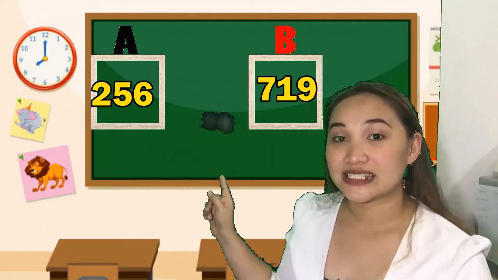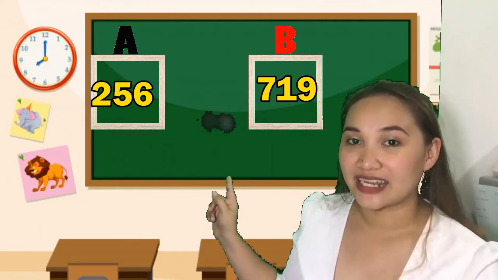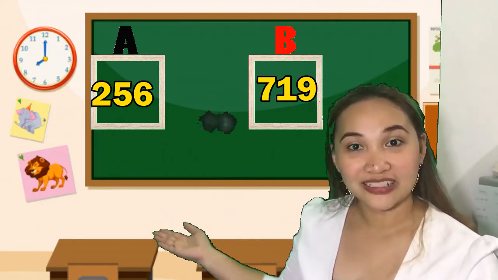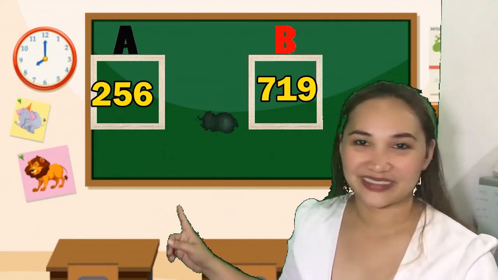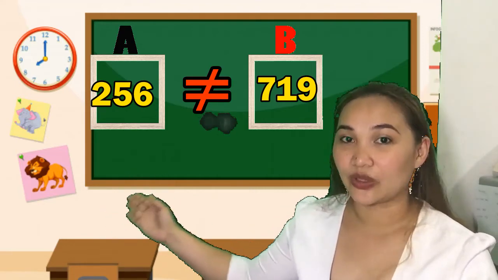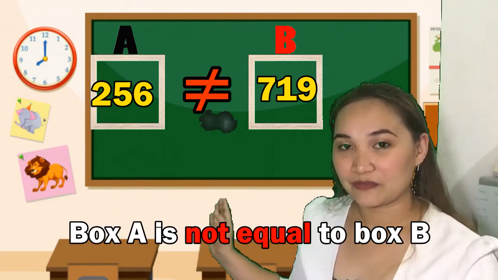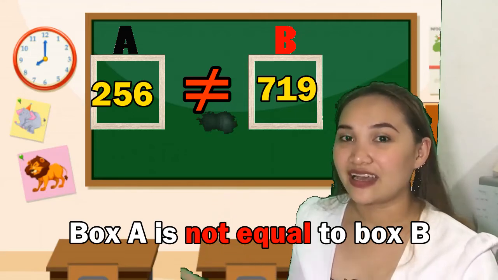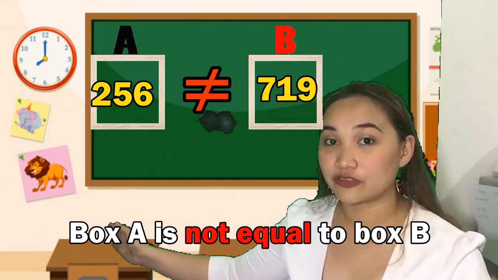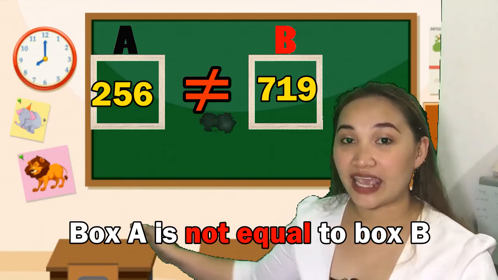Very good. So, are they equal? No! Box A is not equal to box B. They don't have the same amount. We have 256 and 719.